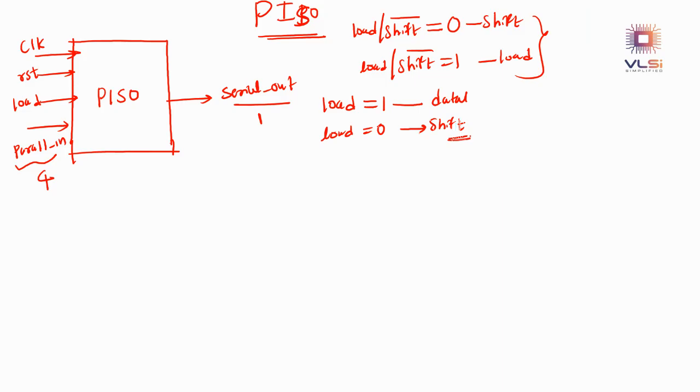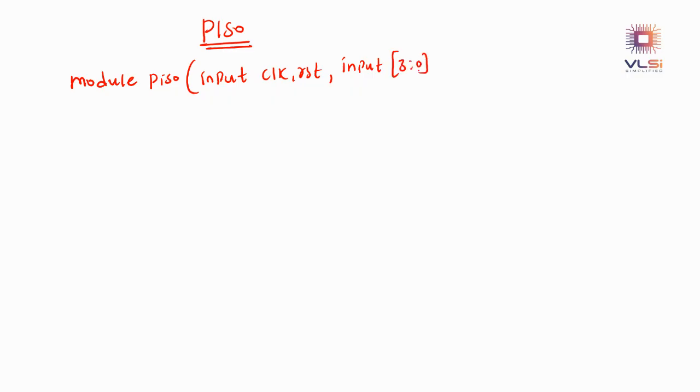Module PISO. What are the inputs? Input clock, reset, and input, I need to give separately, 3 to 0 parallel in, and next one more, input load, and output reg serial out.